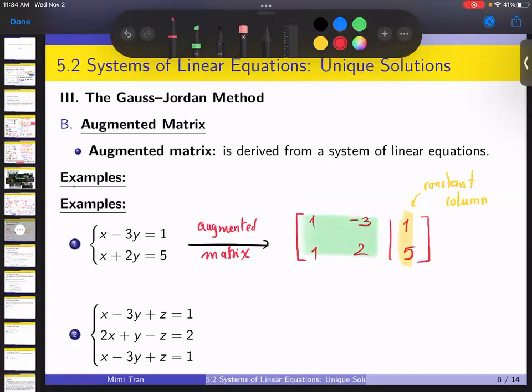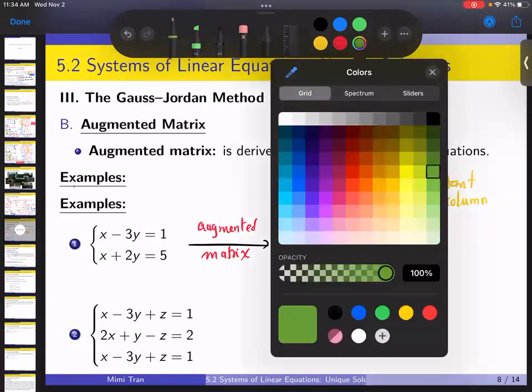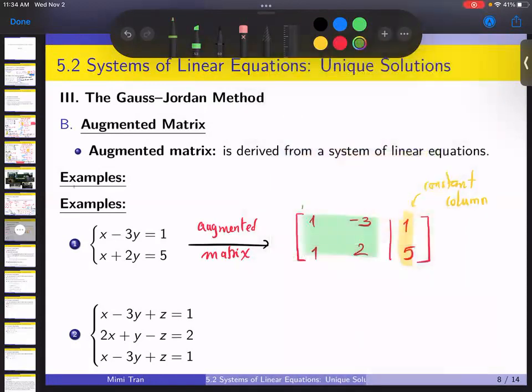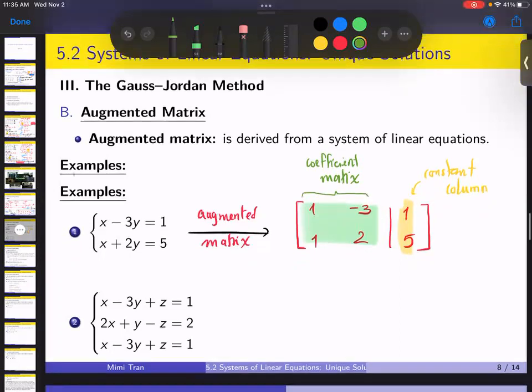And this right here is called the coefficient matrix or coefficient columns. It's just terminology, it's not something I tested you on, but you should be able to transform from a system of equations to the augmented matrix. Why don't you guys do number 2? Just tell me what you got.